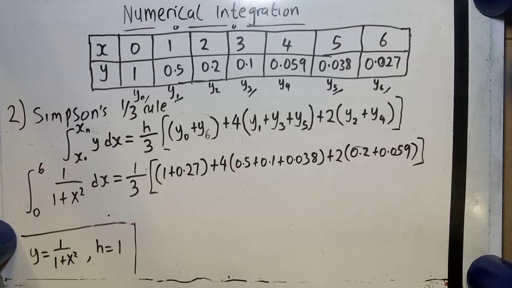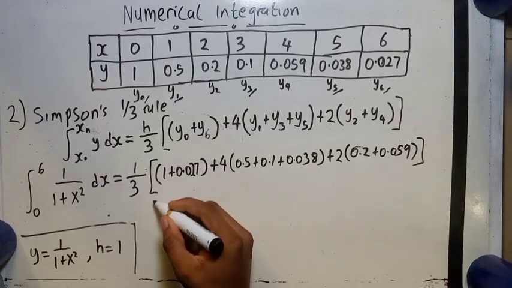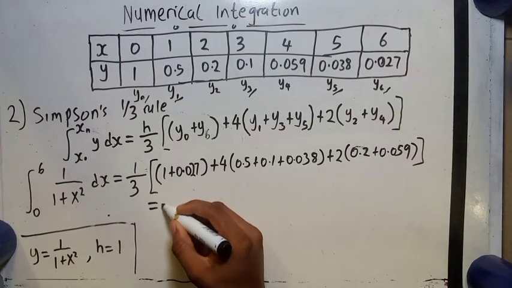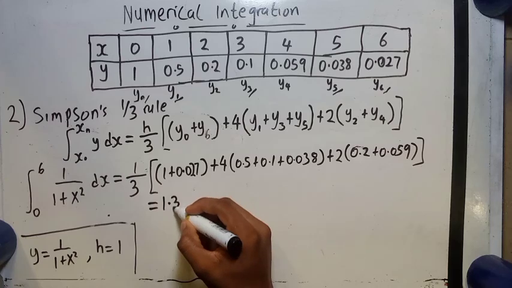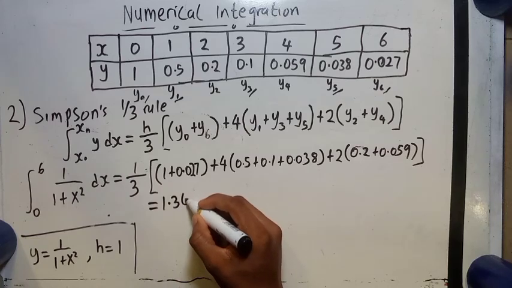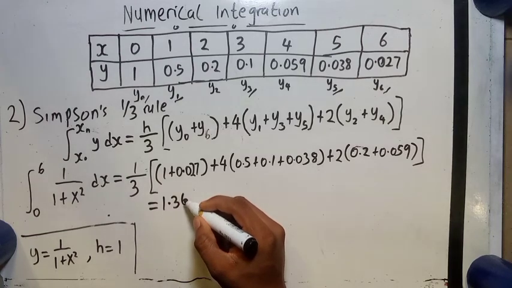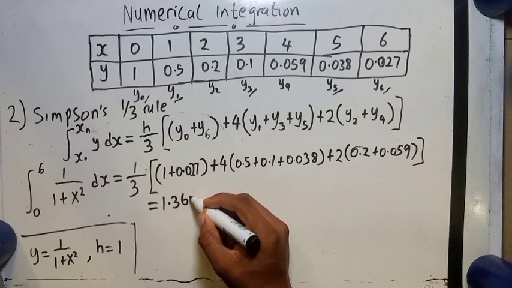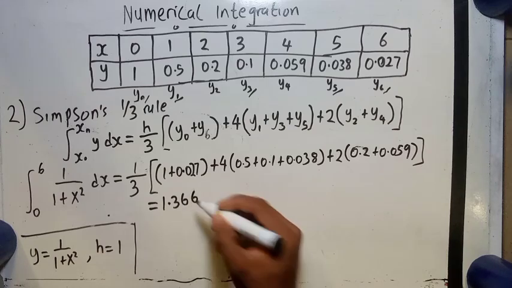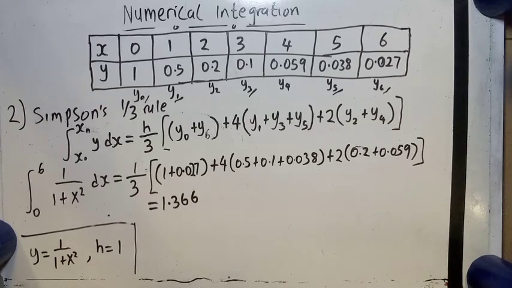Okay, now with the calculator to make work easy, for my own calculator, I got 1.3666.